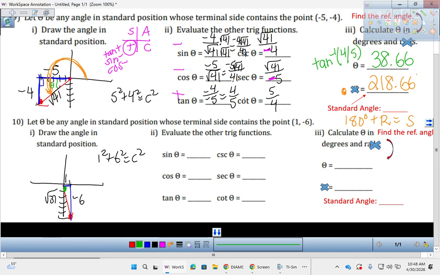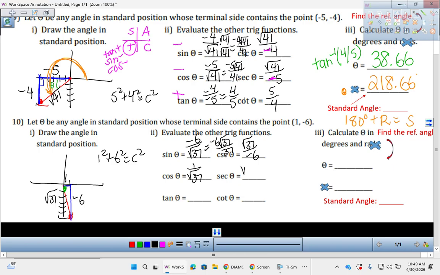So using SOHCAHTOA, sine is the opposite of that green angle over the hypotenuse. And cosecant is just flipping that fraction. All right, and then I have to rationalize that, which I'm going to skip the step where I show it and just jump to what it is, for space's sake here. Cosine is adjacent, which is 1 over the hypotenuse.